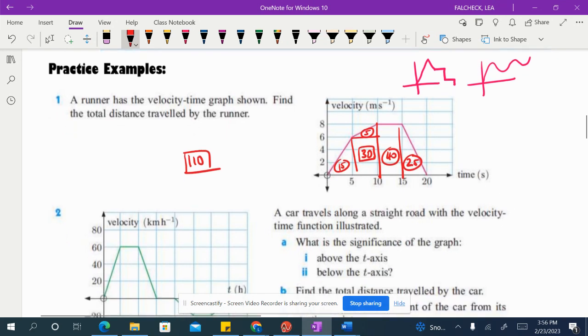Okay, did we get the same answer? We did. However, I didn't put in my units. There we go. All right, so the runner traveled 110 meters.